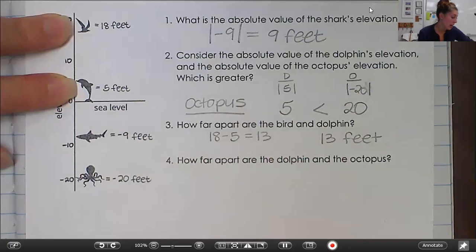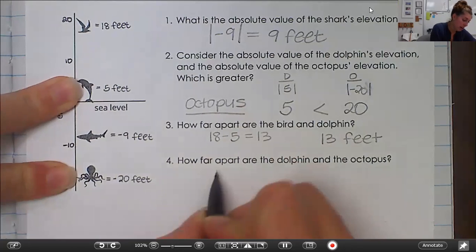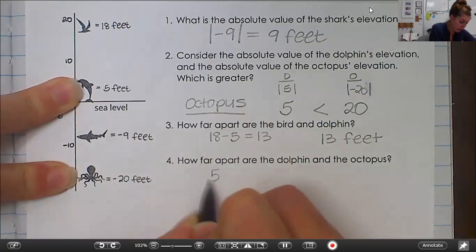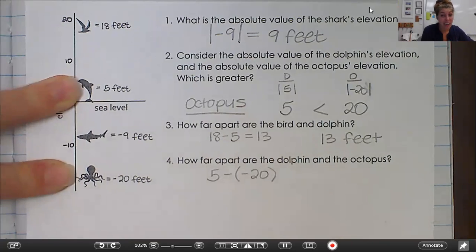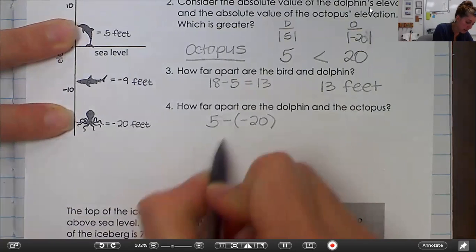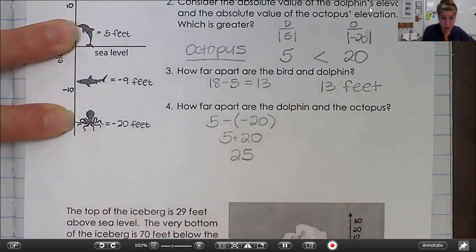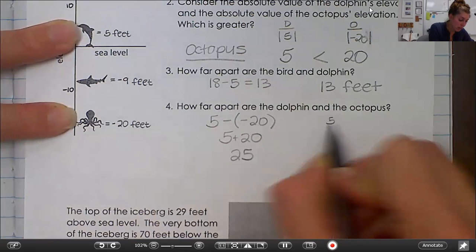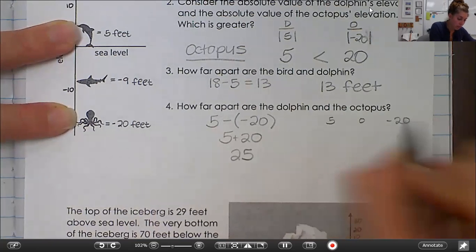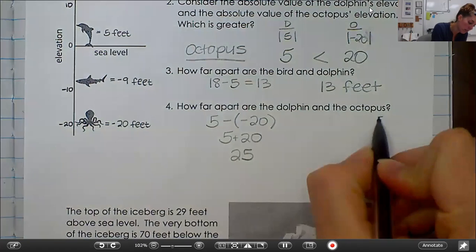Right. Now I look at the dolphin and the octopus. So I have 5 minus negative 20. And again, if we aren't comfortable with that, knowing that's 5 plus 20, here's another way to think about it. I'm going to write it vertically, just like it is.